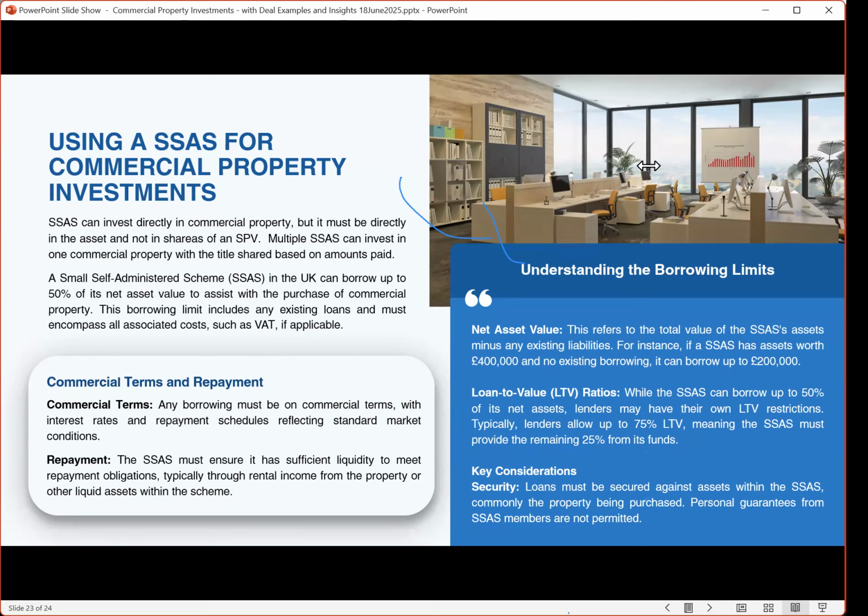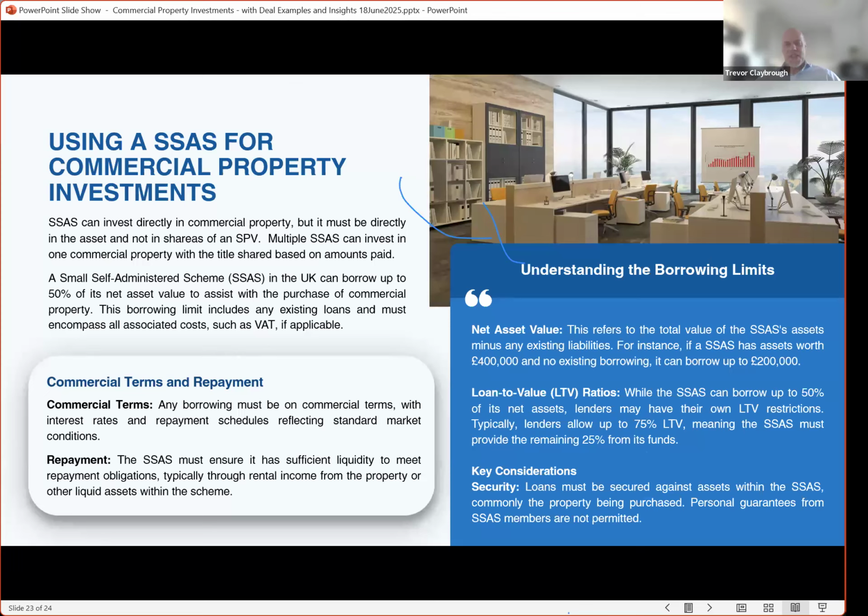So if you've bought the commercial property on a SSAS, but you wanted to eventually use the income, when can you draw it? The ongoing income will go directly into the SSAS and be accumulated in the SSAS, and you can then reinvest that accumulated income in something else.